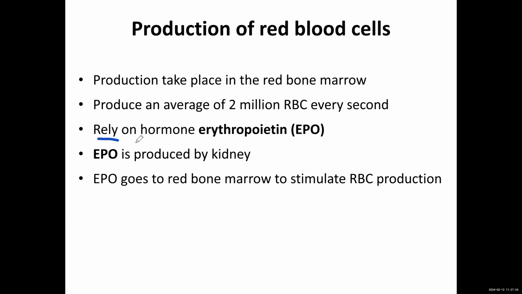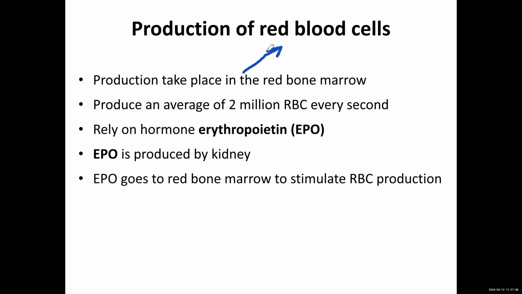This production is controlled by a special hormone called erythropoietin. This erythropoietin, or EPO, is produced by the kidney. EPO goes to the red bone marrow to stimulate production of red blood cells. Your red blood cells are short-lived.